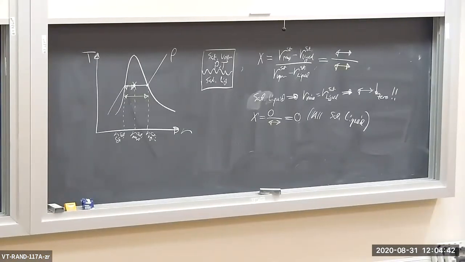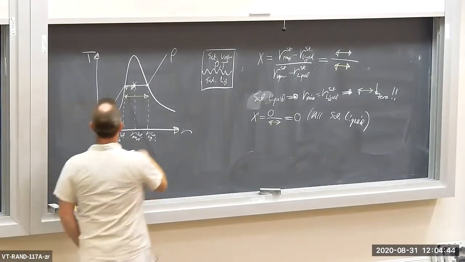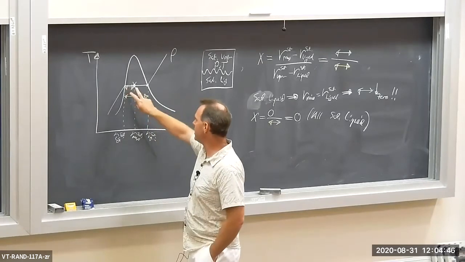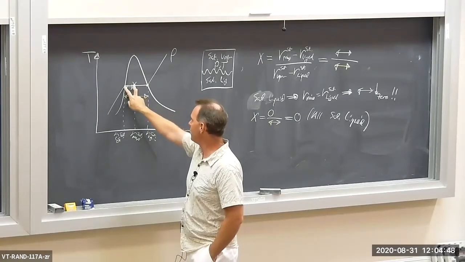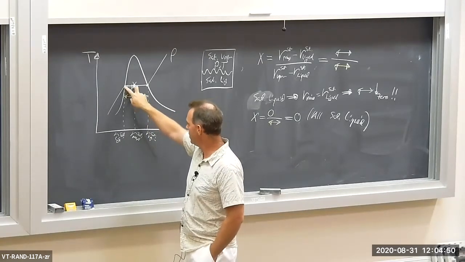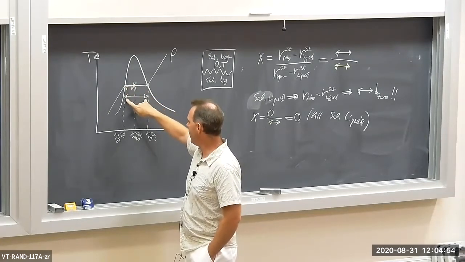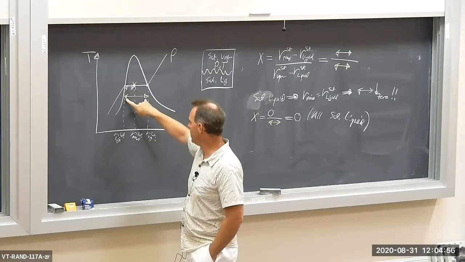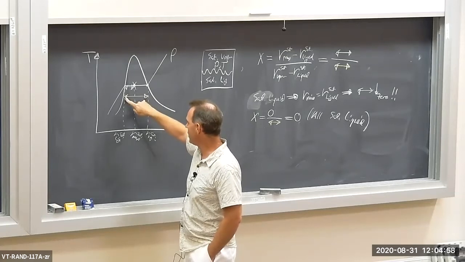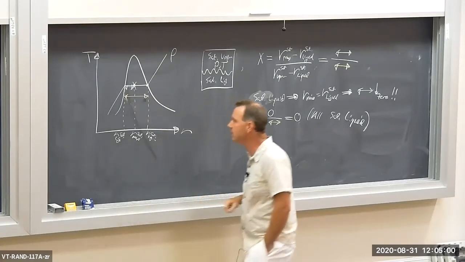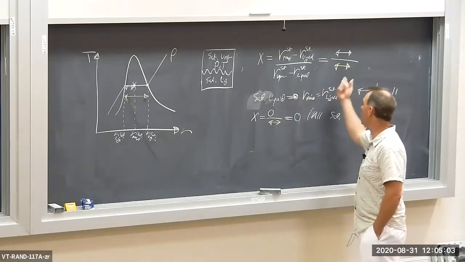So geometric interpretation for quality. The distance from the saturated liquid to the actual state of the mixture on the TV plot, divided by the distance between saturated vapor and saturated liquid on the TV plot. That ratio gives you the quality.